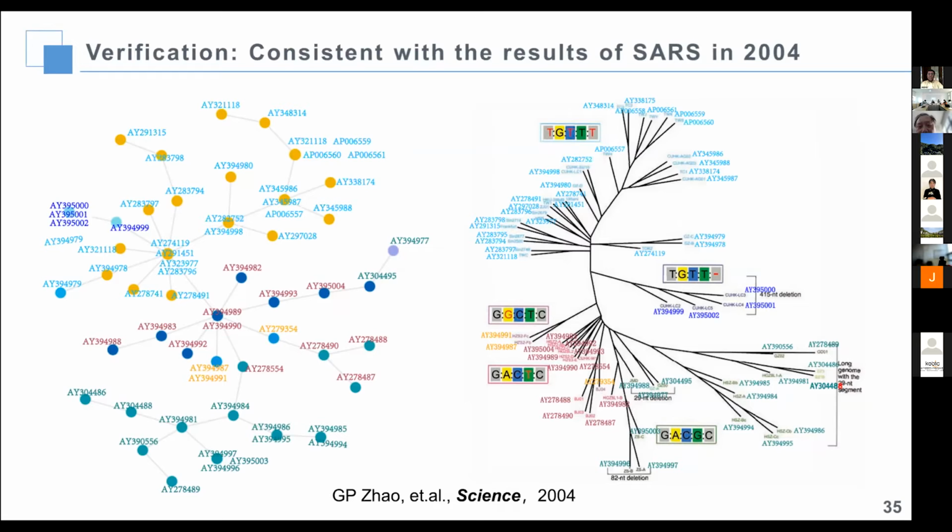We collected the data from this article and put it in our calculation system. We got a totally similar result. We also got data from a recent article published in PNAS, and we got exactly the same results. That means our algorithms work quite well.